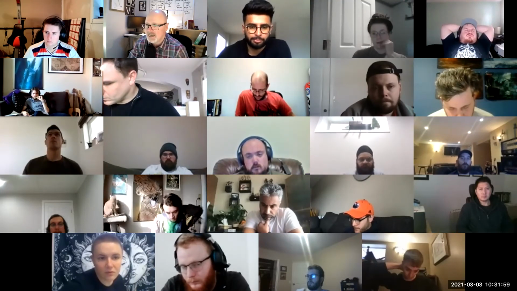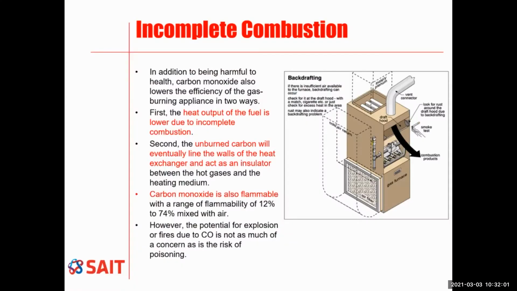And if you see the carbon monoxide, the range of flammability is 12% to 74%. So it has a very high explosive rate. It has a lot of range, so to speak. Okay, so products of combustion are flammable.